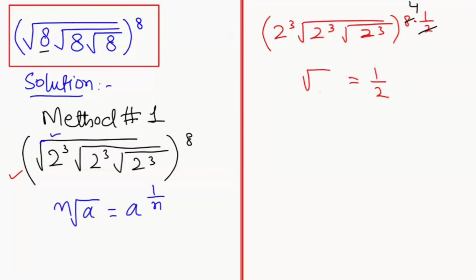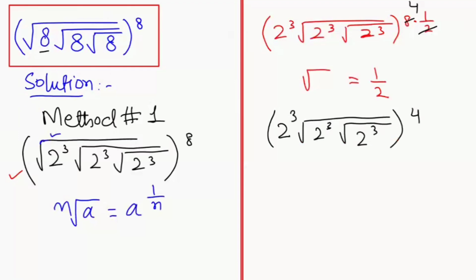Now this will turn to (2^3 √(2^3 √(2^3)))^4. Next I will express this 2^3 in this form: (2^3 √(2^3 √(2^2 times 2)))^4.